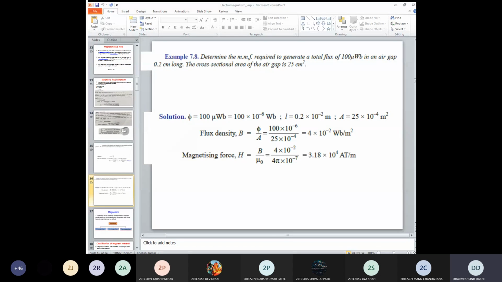So you get the flux density B is equal to 4 into 10 raised to minus 2 Weber per meter square. Here we need to find out the MMF. Clear?